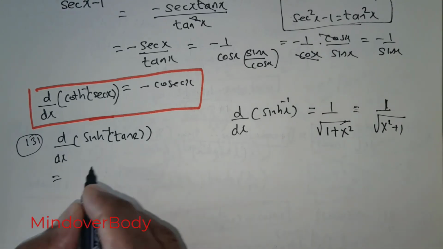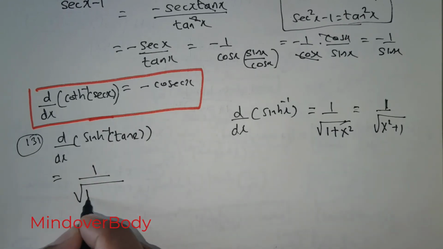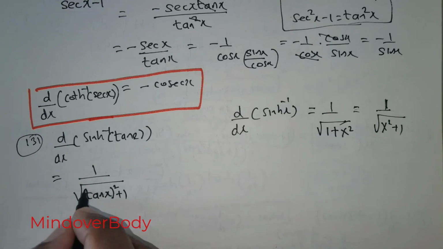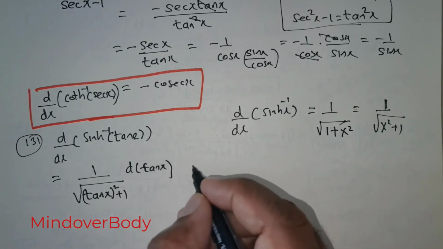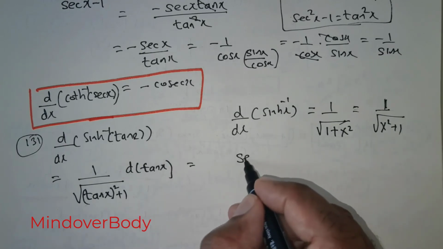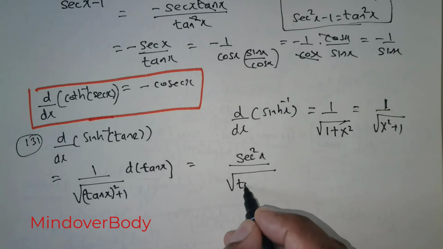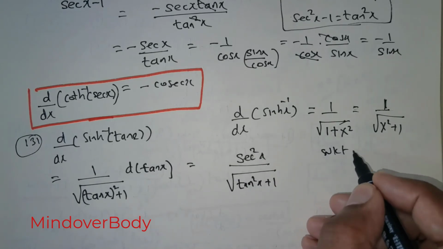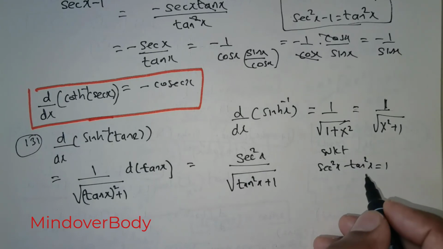So by that formula, this is going to be 1 over root of (tan x raised to the power of 2 + 1) times the differentiation of tan x. Differentiation of tan x will give me secant squared x divided by root of, now this is actually (tan squared x + 1). Now we know that secant squared x − tan squared x is equal to 1.